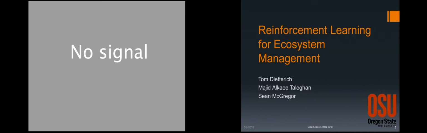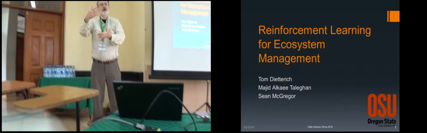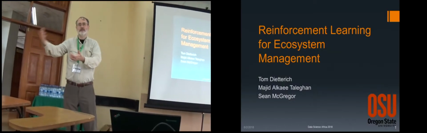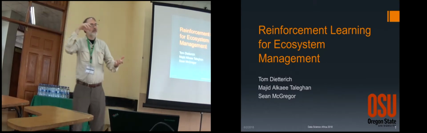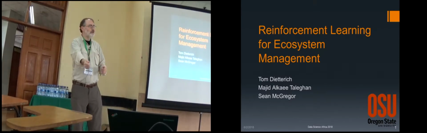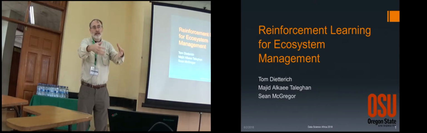But we also have problems that are known as sequential decision-making tasks. That's where we make a decision, but that decision then changes the world in some way that affects our next decision. And then we make another decision, and again it has some effect on us. The classic case of those is when you're playing a game against someone else, right? You make a move in the game, that changes the state of the game.